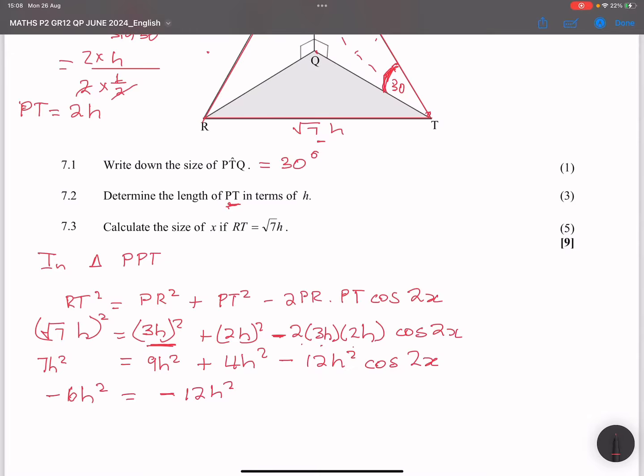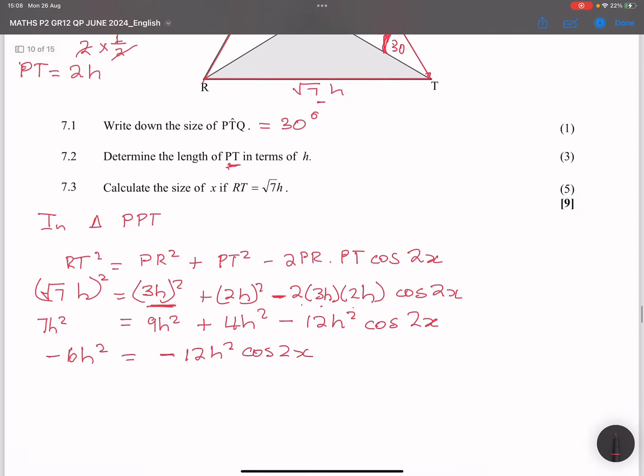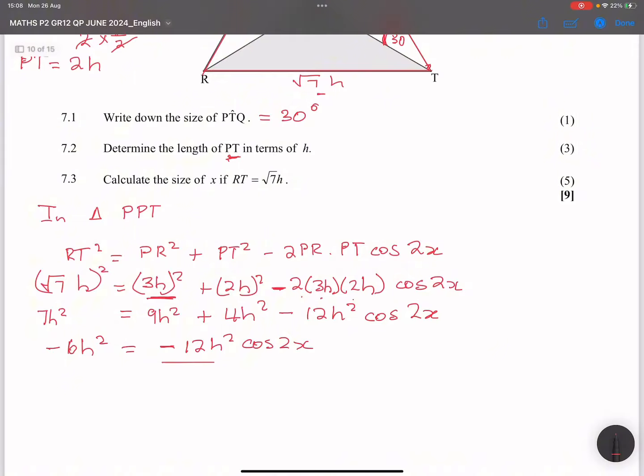Apologies there. So in this case, what can I do? I'm going to divide both sides by negative 12H squared. Negative divided by negative, H squared over H squared cancels. So that's 6 over 12, which is 1 over 2. So cos of 2x is equal to 1 over 2.